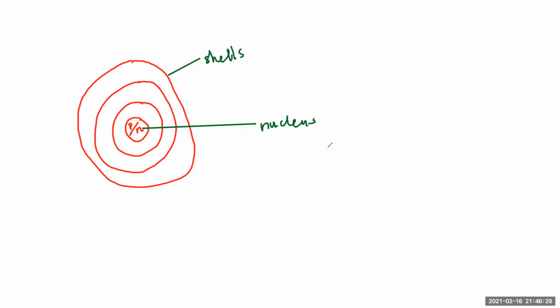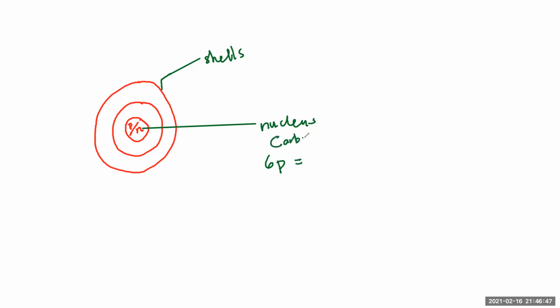Now, for example, if this element has six protons, it would be the element carbon. Now, because it has six protons, it also has six electrons.